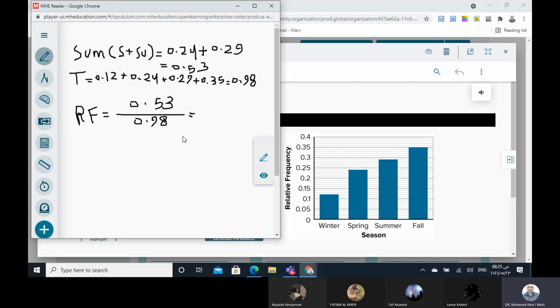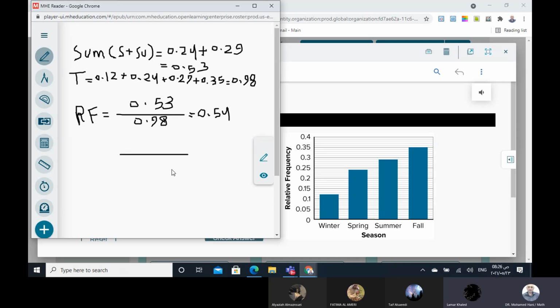So we can divide: 0.53 divided by 0.98. So the answer is about 0.54. Who has any question here?